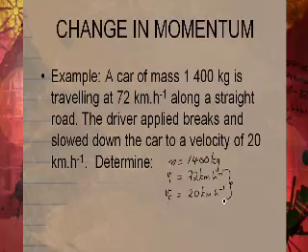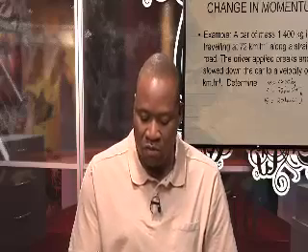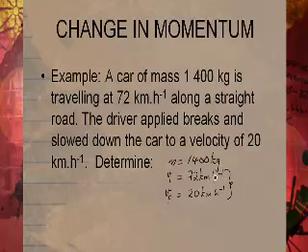But we don't work in kilometers per hour, we work in meters per second. Now, I don't have much time, but know that if you want to move from kilometers per hour to meters per second, you divide by 3.6. I will show you one day how you arrive at that. 72 divided by 3.6, that gives you 20.